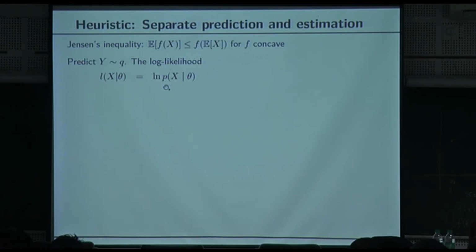What you want to be able to do is to say with some probability y is equal to some quantity. So let's assume that we predict y according to some distribution q. Right? We look at my x. Based on that x, I'm going to predict what my y is, and for the moment assume that the y is predicted according to this distribution q. Okay? Keep that in mind. All right. So what is the probability of x given theta?